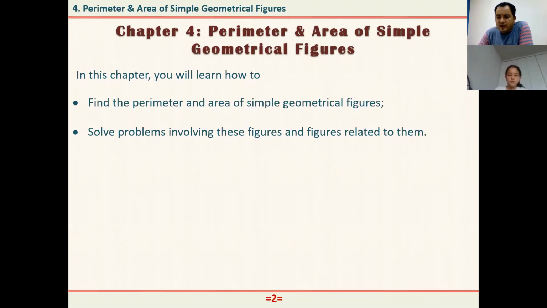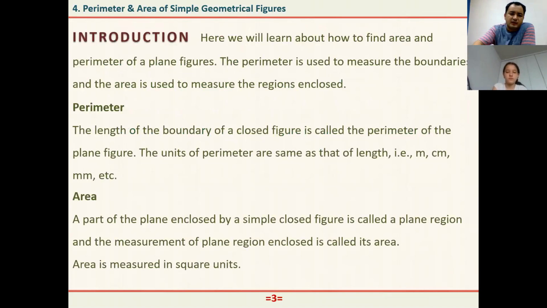Now the question comes, how many tiles should I buy to cover my bedroom floor? To do this, you need to measure your floor's area, then divide this by the area of one tile. Then we can get the number of tiles we need to cover the floor. This kind of questions.